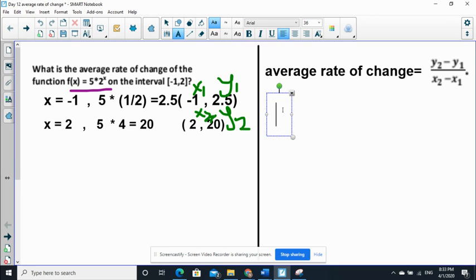So it will be 20 minus 2.5, okay, over what?